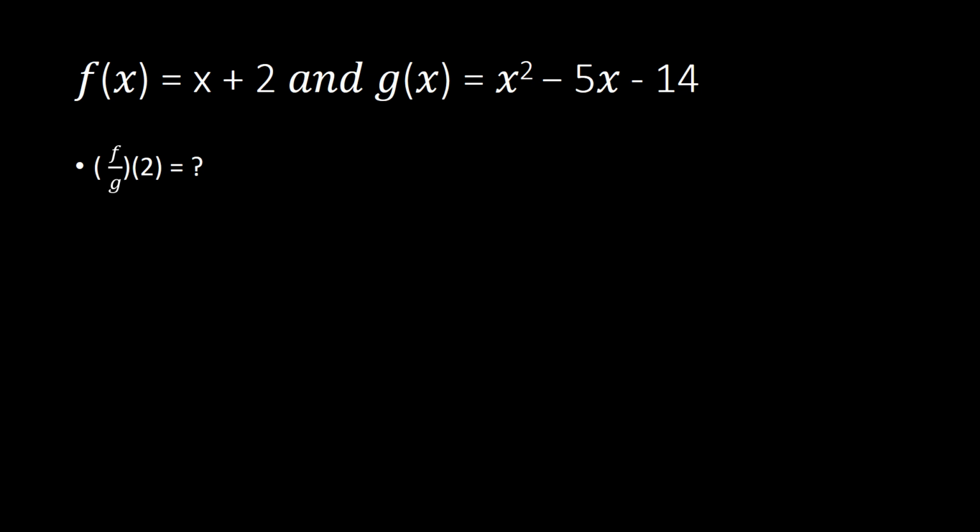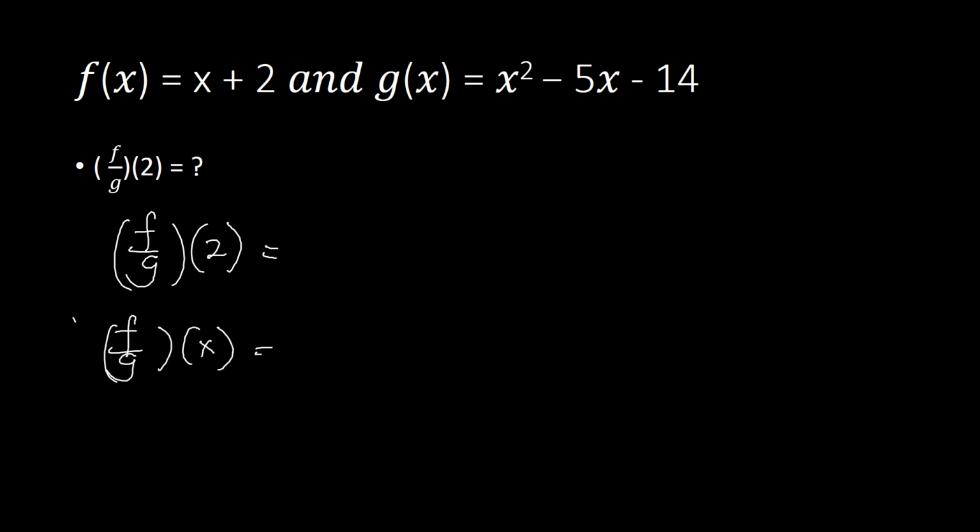So next, we go for this one. So we've got f over g of 2. So again, you may go for dividing this one first, and then evaluating, or evaluating each of the functions and then dividing the one that is still the same. So I'll start off with dividing my functions here.